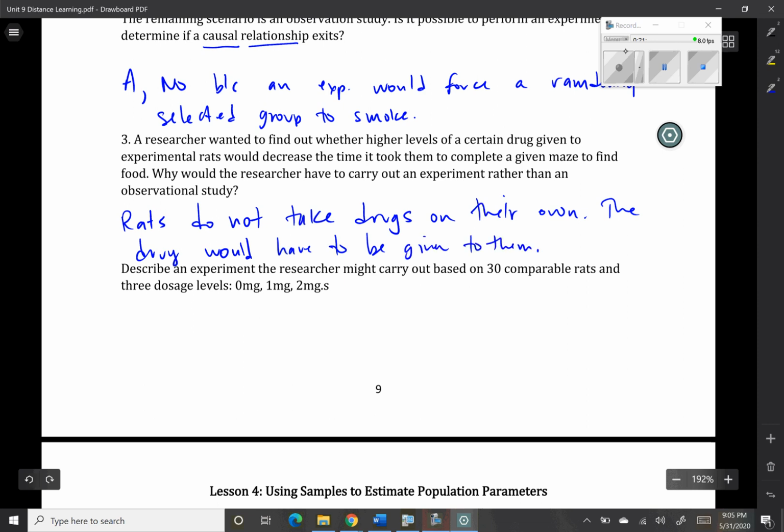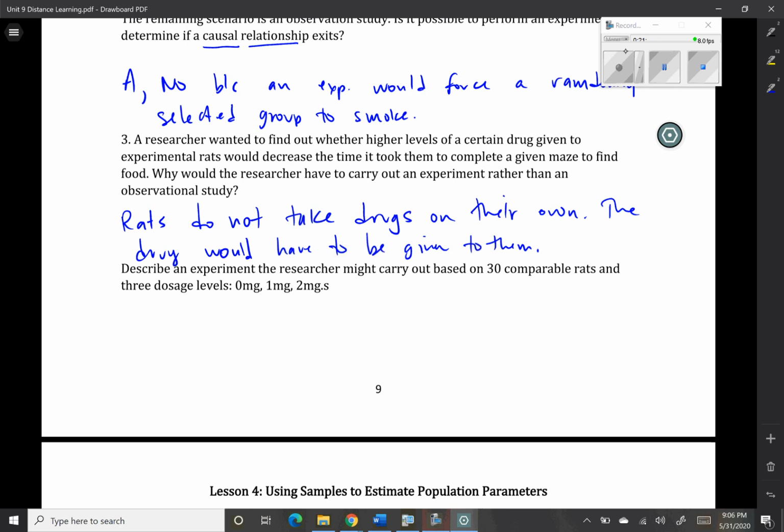So to make this an observational study, you'd have to say, I want to sit down and observe the rats and see how fast they get to the end of this maze and say, oh, hey, look, rat A took drugs beforehand and rat B did not take the drug beforehand. Well, I don't know who's taking drugs or not without giving them drugs because they're rats, right?